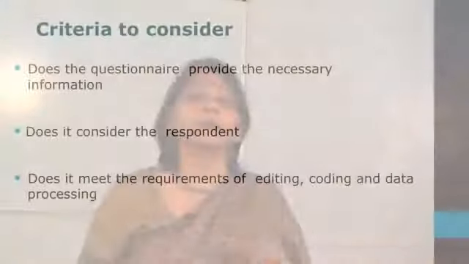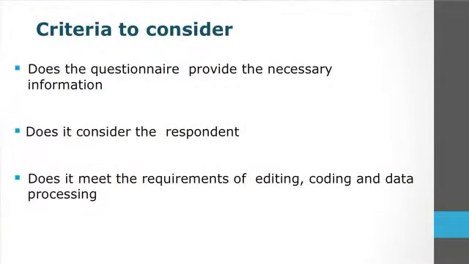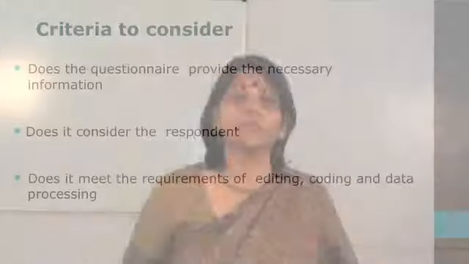What is my population going to be? So considering the respondent, that is, who will be your sample or your population, is what is important. And also, does it meet the requirements of editing, coding and data processing? So these are the criteria that we need to consider while we are preparing a questionnaire.